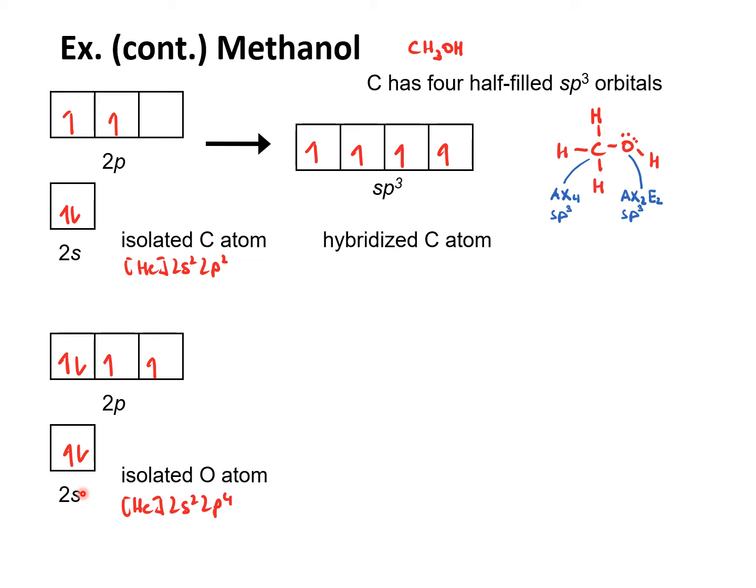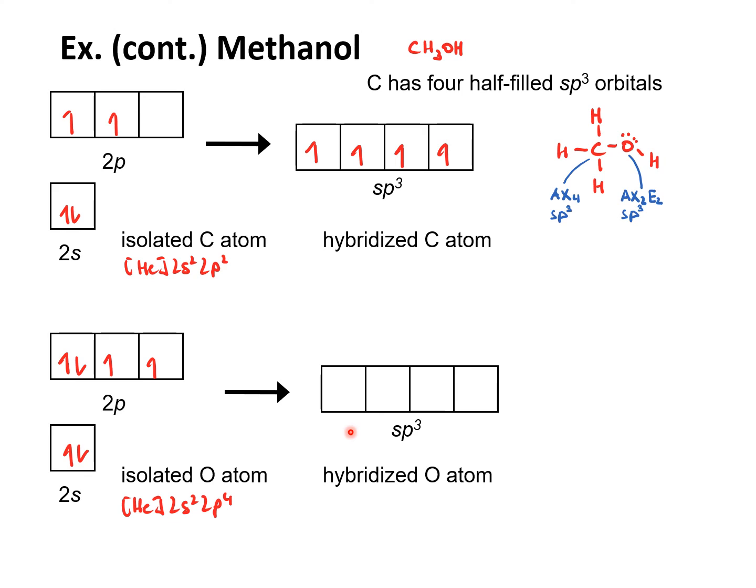So now, in order to create our sp3 hybridized orbitals, we will mix the 4 atomic orbitals, the 2s atomic orbital and all 3 2p atomic orbitals, to create our 4 sp3 hybridized orbitals.